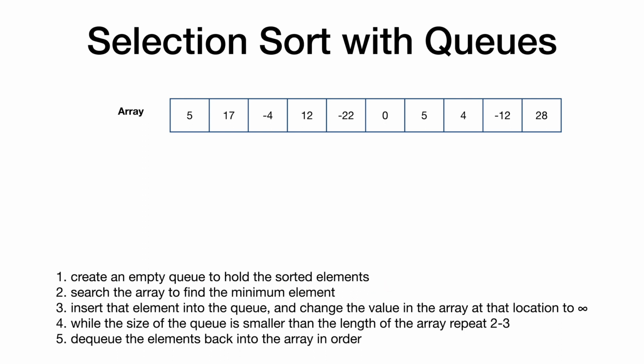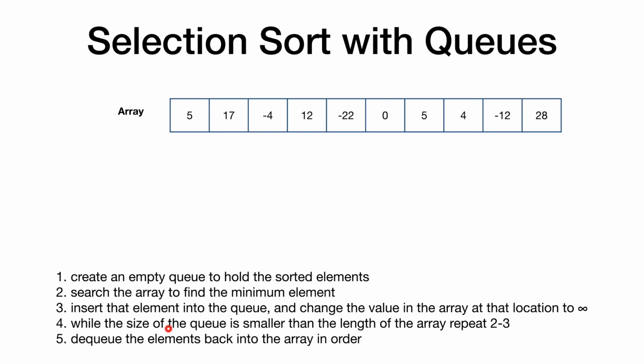Then search to find the minimum element, insert that element into the queue, and replace its value in the array with infinity. Then while the size of the queue is smaller than the length of the array, repeat 2 and 3.